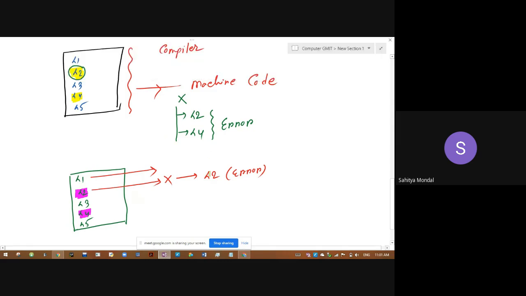Until you clear the error in line number 2, the rest of the lines will not get interpreted. I hope it is clear to you.